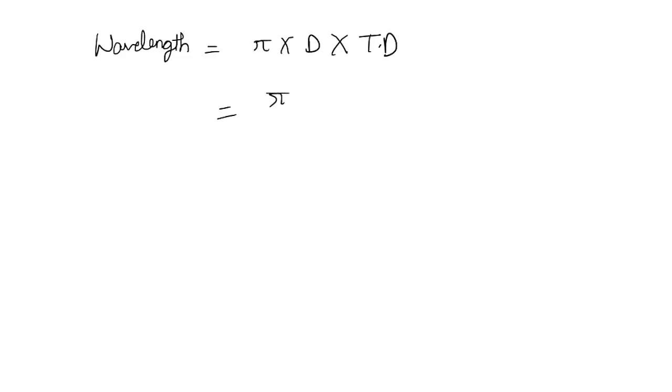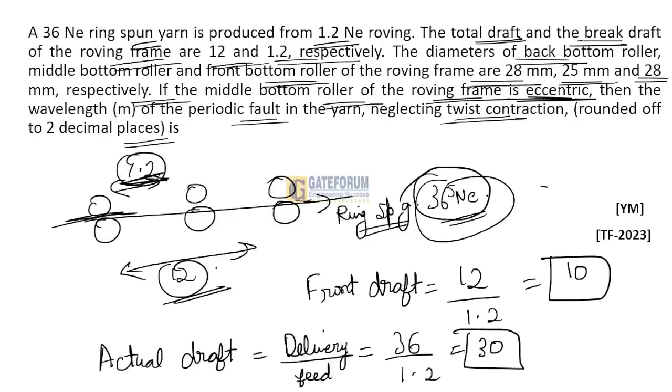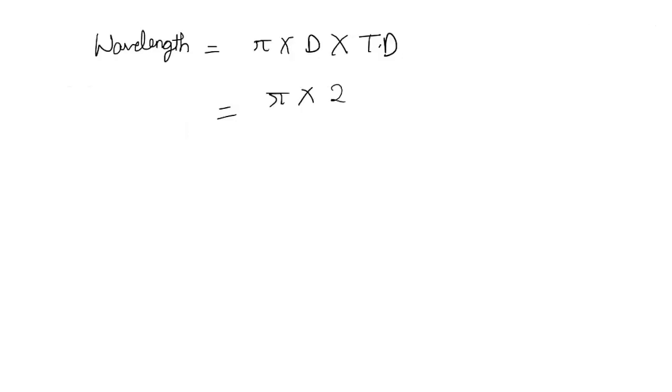So pi into diameter. What is the diameter that is given in the question? The diameter of the middle bottom roller is 25, so the diameter is 25 mm.